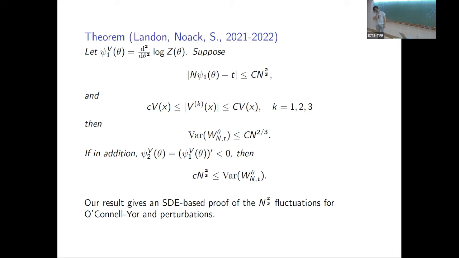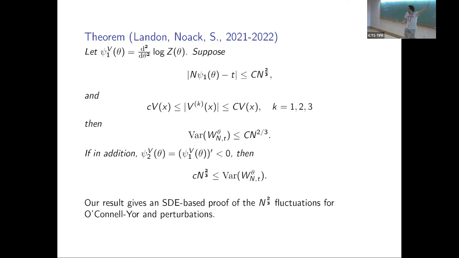But this class includes a lot more potentials than just e to the minus x. It also includes, if you take the O'Connell-Yor polymer and you take a small perturbation that goes to 0 at infinity, and small here is independent of n, so an order 1 perturbation of the polymer, so that it completely destroys the integrable structure, we can still prove that the variance is of order n to the 2/3, both in the upper bound sense and in the lower bound sense.